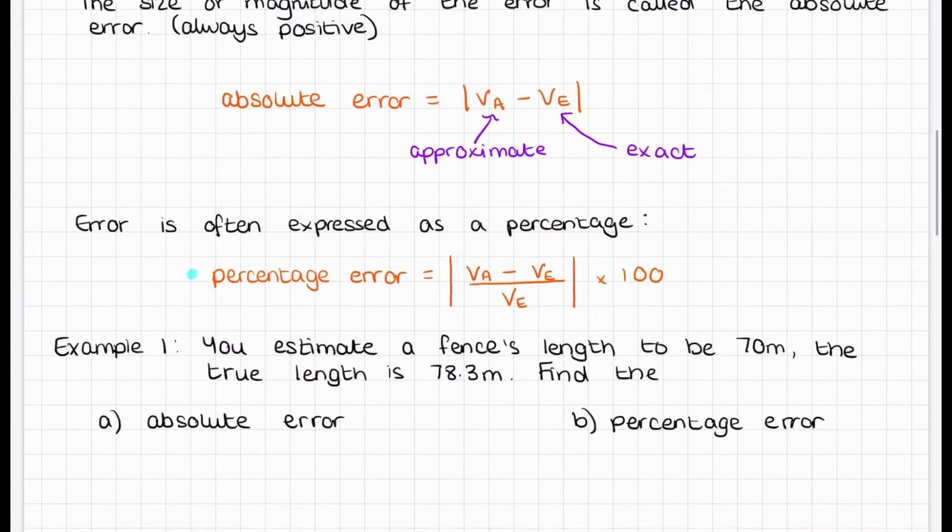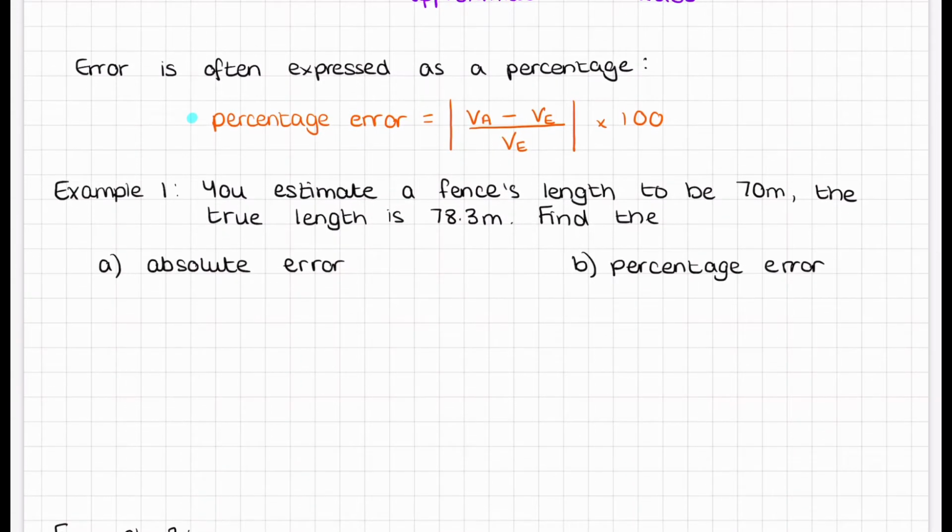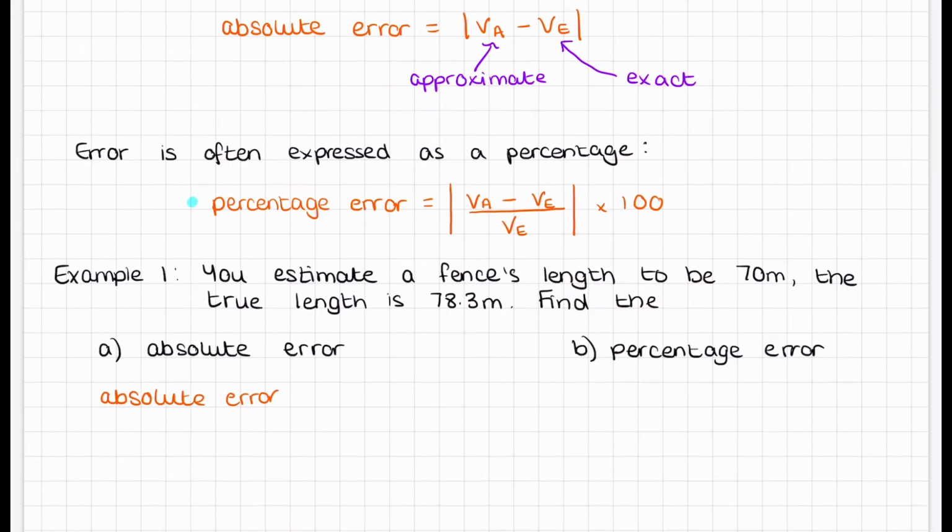So just a quick example so you can see how it works. You estimate a fence's length to be 70 metres, the true length is 78.3 metres. Find the absolute error. If we look back at our formula, the absolute value of the approximate, which is 70, minus the exact, which is 78.3, gives negative 8.3.